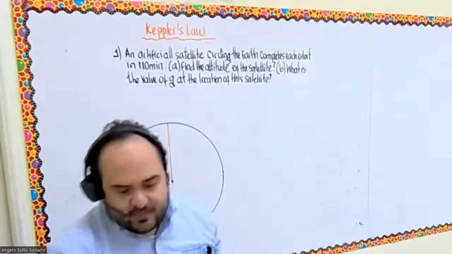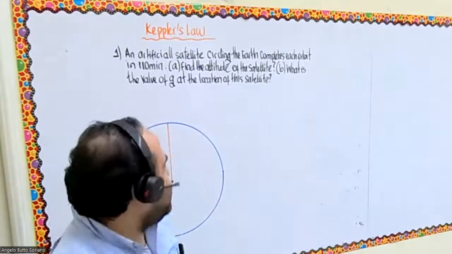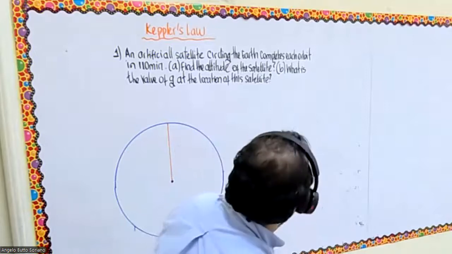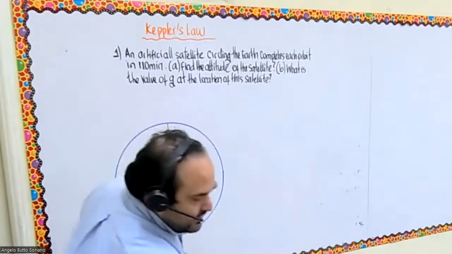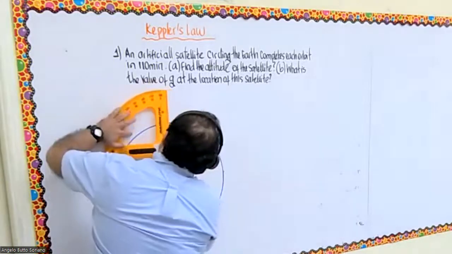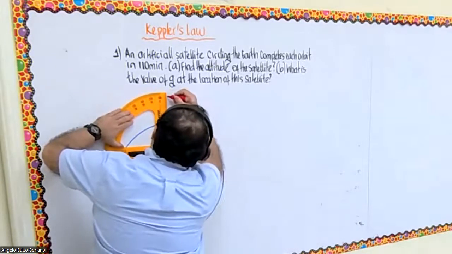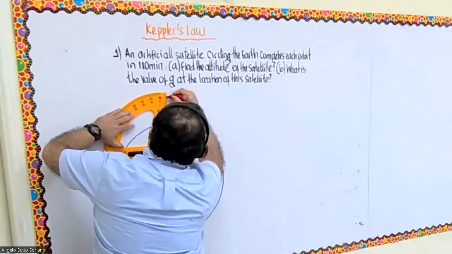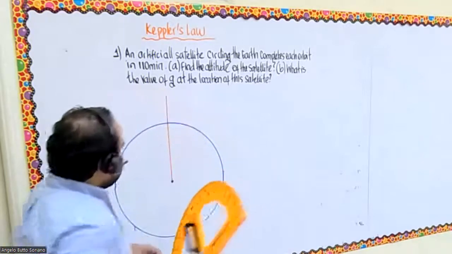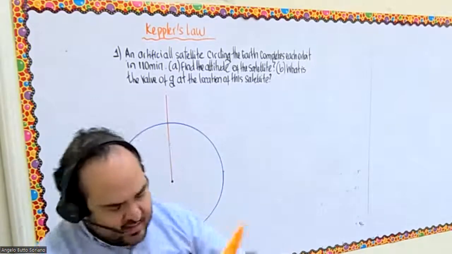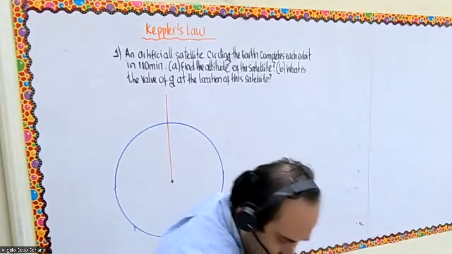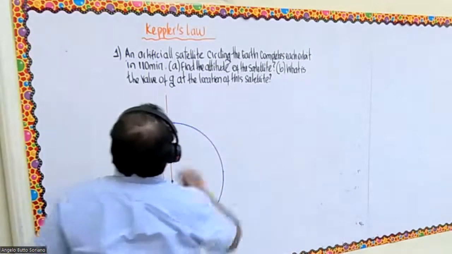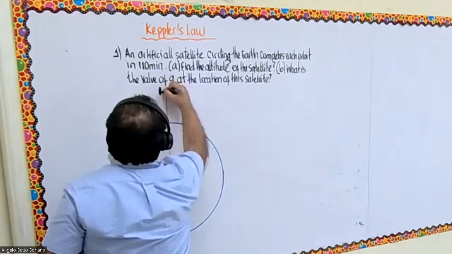And according to the problem, there's going to be some additional distance, represented by this red line. At the end of this additional distance is located the satellite, over here. This is the satellite.